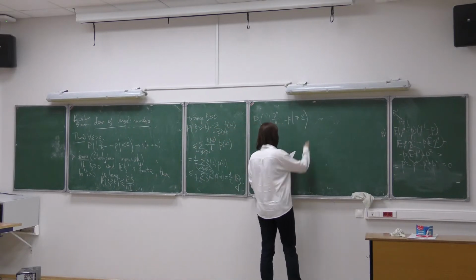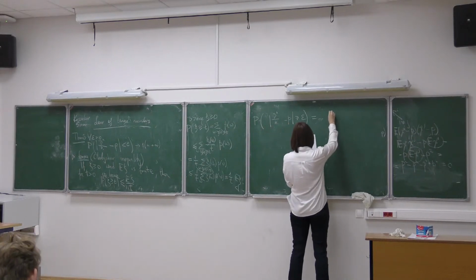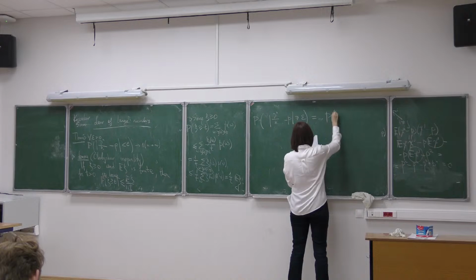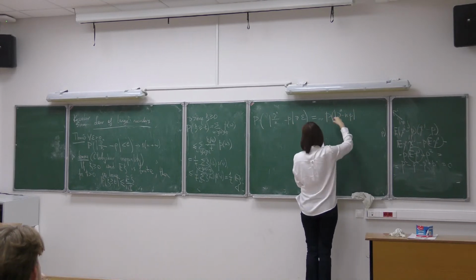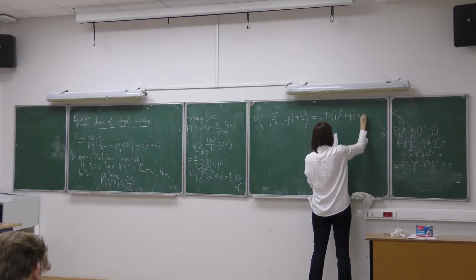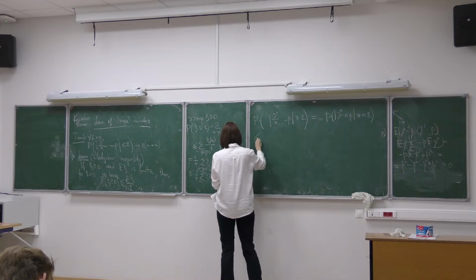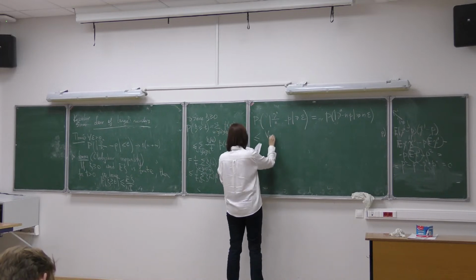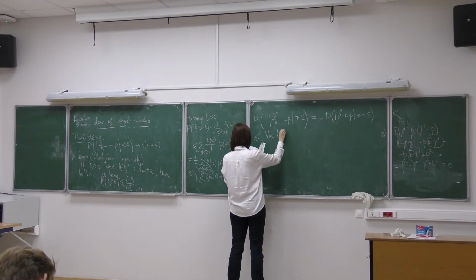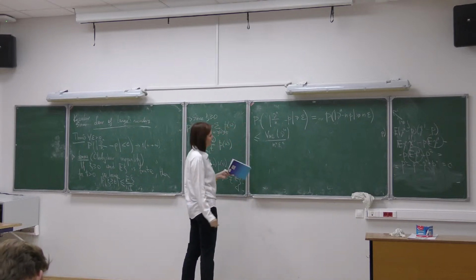So let's do it. We can say that this is nothing else than what? Than a probability that everything is multiplied by n, so this is greater or equal than n epsilon. So this will be something like var over n square epsilon square, and we already made this computation.